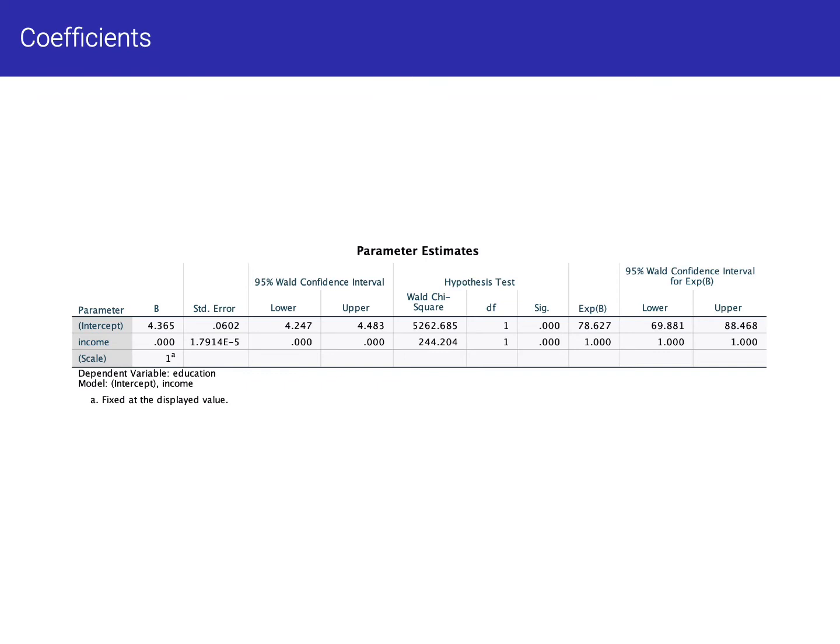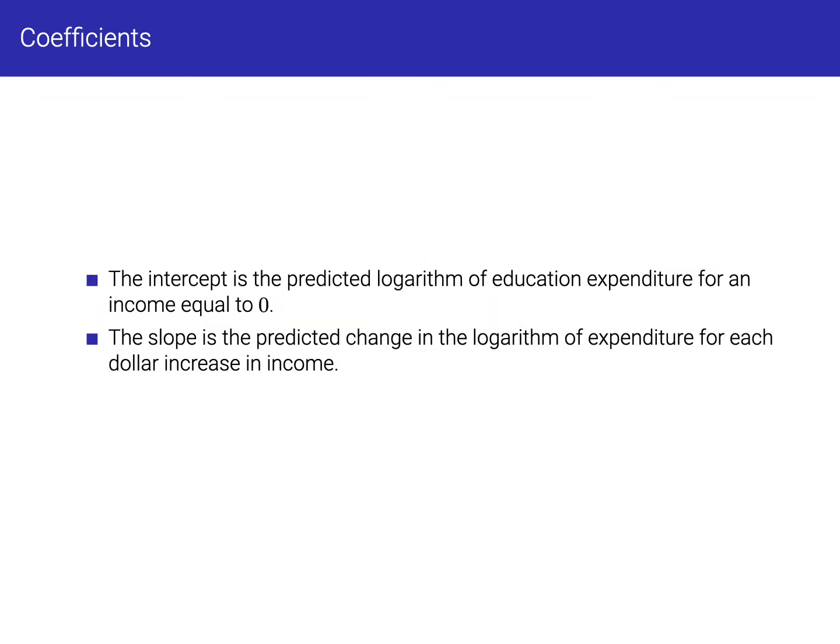It seems very low, but actually it is a significant effect. It's just that the way the variables are scaled gives us values that seem very, very low, but in fact it's a significant effect. So what that means is that this slope that we see is the predicted change in the logarithm of expenditure for each dollar increase in income.